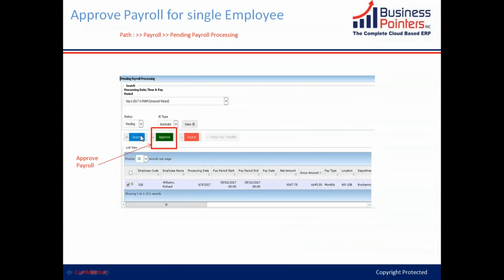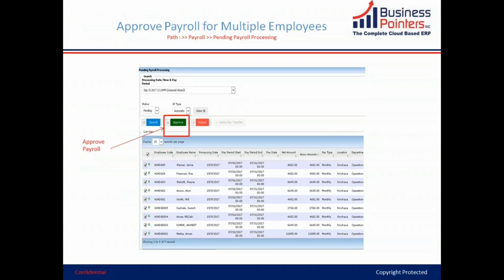Now, after the payroll is executed, the payroll needs to be approved by the managers or the higher authorities. Here you see the pending payroll processing, so you select the particular executed wizard and approve the payroll wizard.